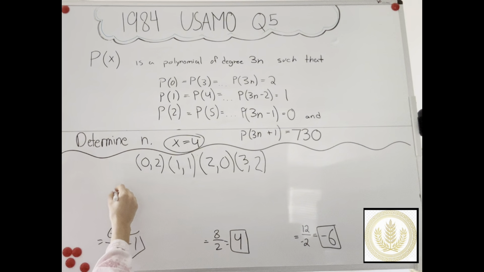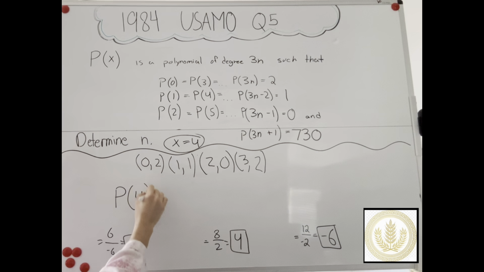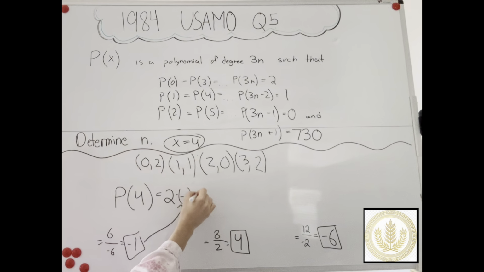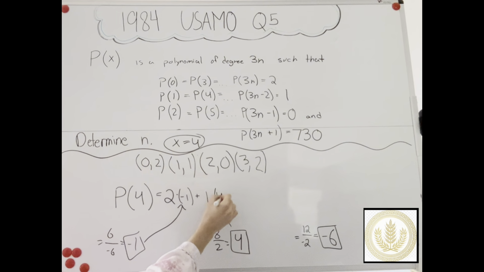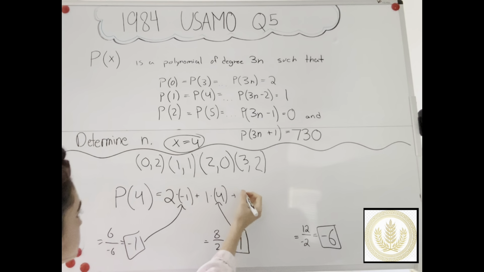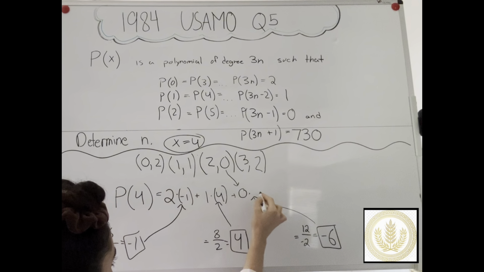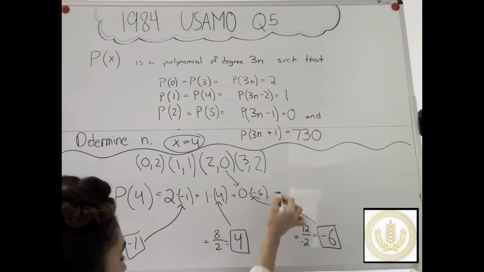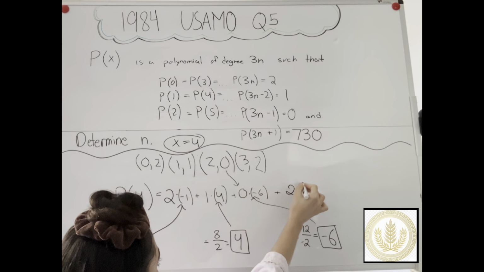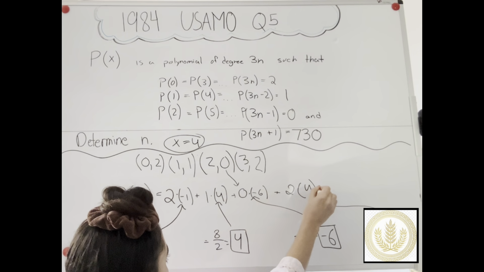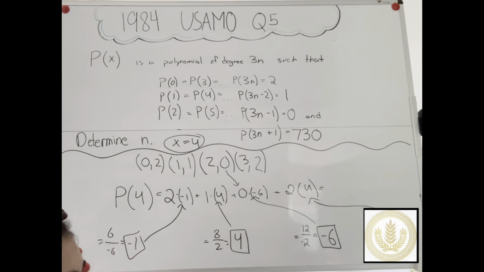So our polynomial p of 4 is going to equal our y value times our switch, which is -1, plus our y value here times this switch, 4, plus our y value here, 0 times this switch, -6, and finally plus 2 times the switch here, which is 4. And that added together gives us a total of 10.